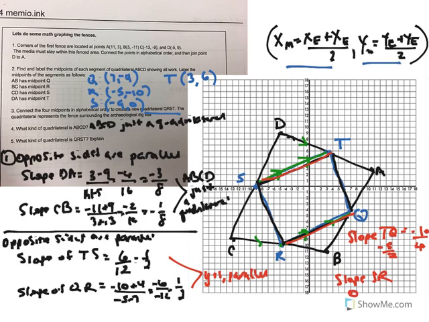Then the slope of SR, I get 0 plus 10 over -9 plus 5, gives me 10 over -4, gives me -5 over 2. So this slope here equals this slope here, so we say yes, they are parallel. So this quadrilateral here is a parallelogram. So quadrilateral QRST is a parallelogram because opposite sides are parallel.